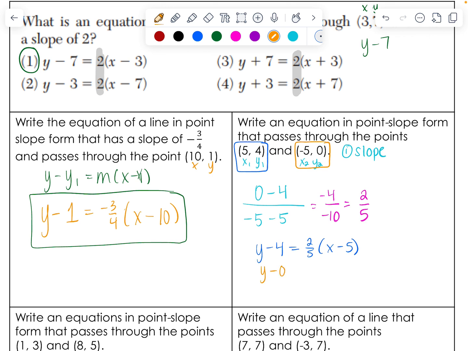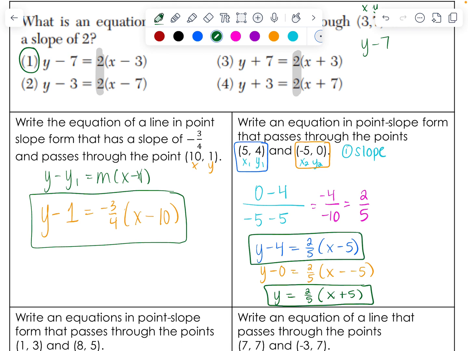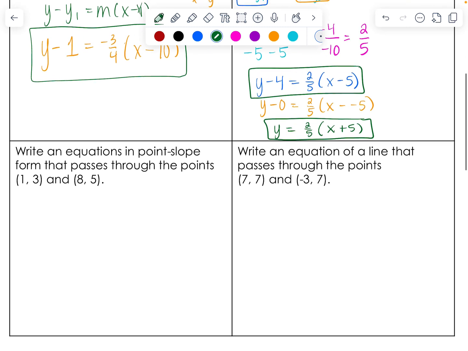Now here it would say y minus 0 equals the m times x minus negative 5. So we want to clean that up quite a bit. And we say, okay, well, if it's y minus 0, I'm just going to put y. And I keep my 2/5 times x, and instead of minus negative, I'm going to put a plus. Okay, so these are actually my 2 possible answers of point-slope form.